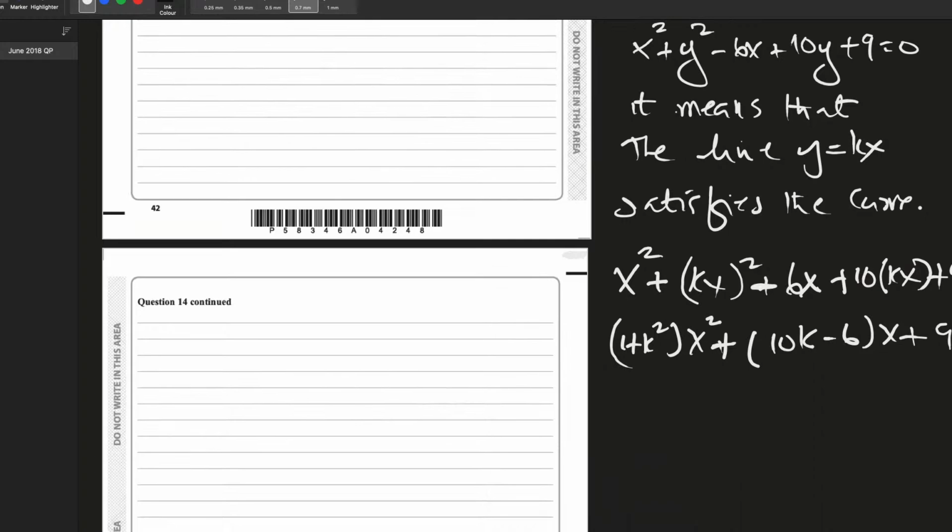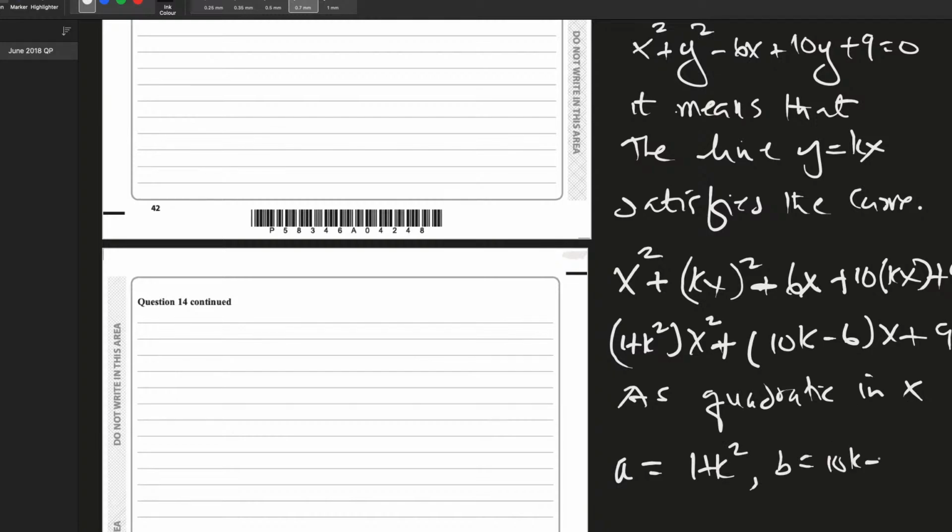So as a quadratic in x, our a becomes 1 plus k squared, b is equal to 10k minus 6, and c is equal to 9.